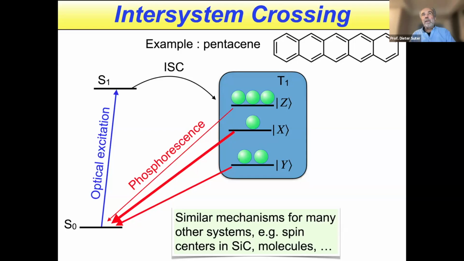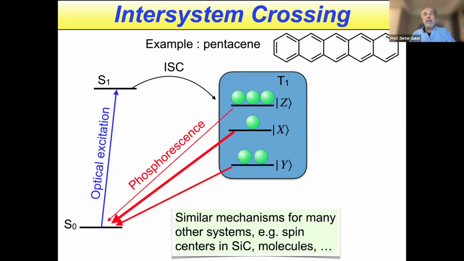And this intersystem crossing can be spin selective, so you get different populations of the 3 triplet states. And these different triplet states also have different decay rates to the ground state. So the phosphorescence, similar to fluorescence, has different rates.